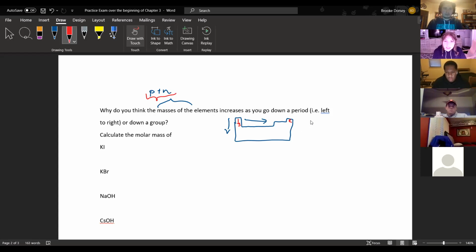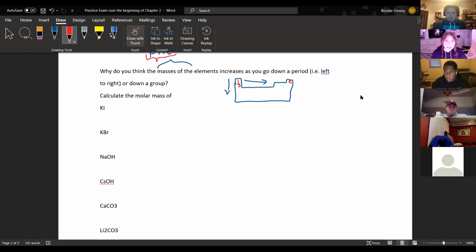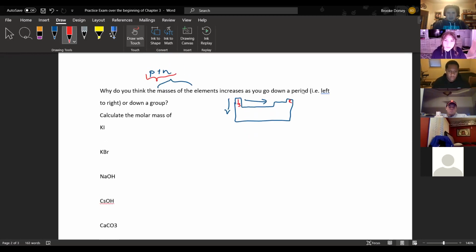Protons are your atomic number, and as we go down, they're lined up in order, like 1, 2, 3, 4, 5, 6, 7, 8, 9. The more protons you have, most likely the more neutrons we're going to have too. Does that make sense? Yeah. Okay. Kind of a conceptual question, but you're going to probably see these on your test.